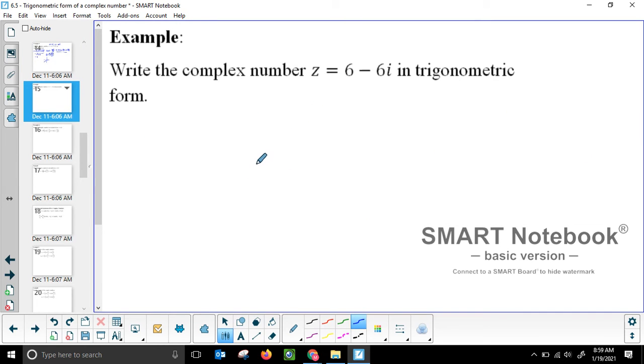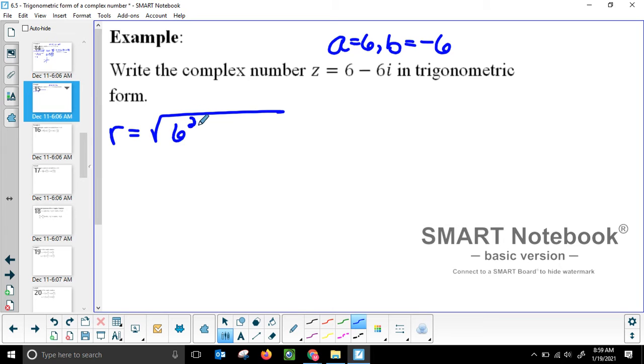All right, again, you may want to pause this, attempt this on your own, and then play to check yourself. All right, again here, my a is 6, and b is negative 6. So r is equal to the square root of a squared plus b squared. All right, this is 36 plus 36.